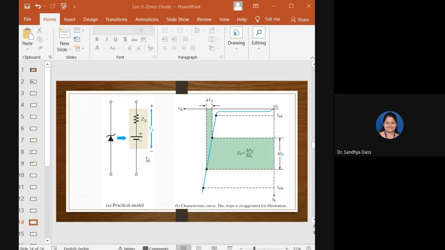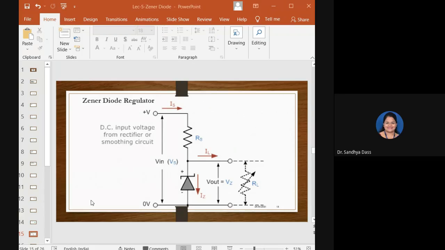All right. Okay. If that is clear, we'll move on to the Zener diode regulation part. Just to refresh the points, the Zener diode, as explained till now, is a specially designed PN junction diode which operates in reverse voltage, right?